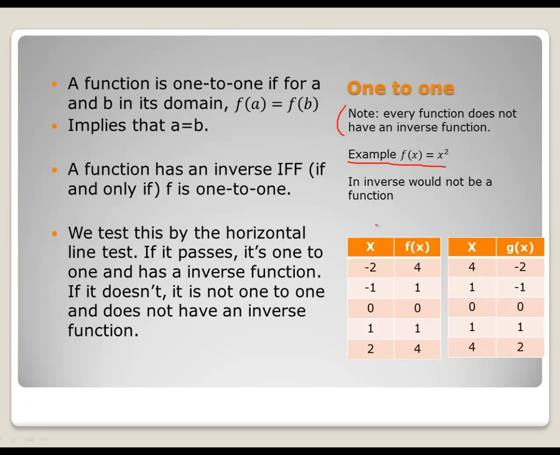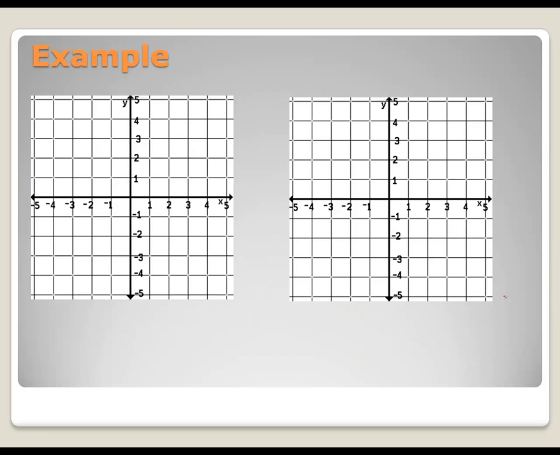Remember, this is a and b. Therefore, this must be b and a to have an inverse. Well, what we see is that there are two values for x, and therefore those have two answers, which is -2 and +2. And we've studied in the very first section, 1.1, that that is not a function.